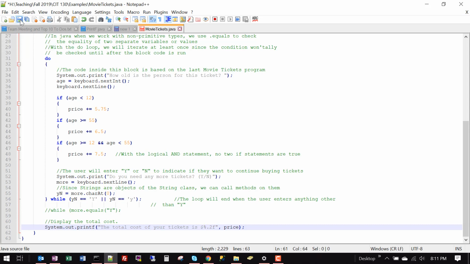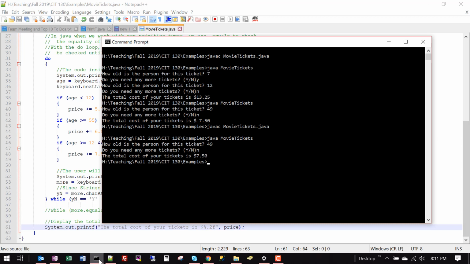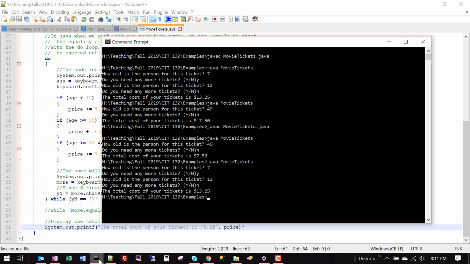So if I save it again, I compile again, I put in my 49 and no, that looks nice. I run it again with the 7, yes, 12, no, and I get the 1325. So it looks good both ways.